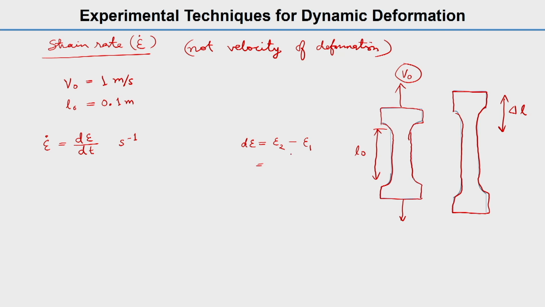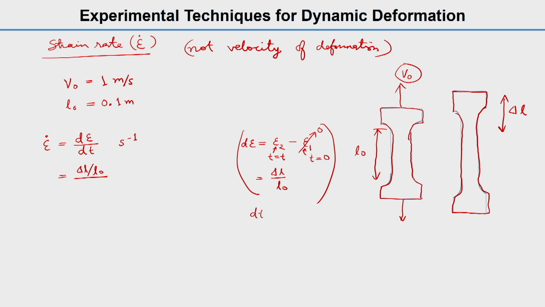Here the strain is equal to 0 at time t1, corresponding to t equal to 0, and at t equal to t we get epsilon 2, which is delta L by L naught. So now d epsilon is actually delta L by L naught, and what is dt?